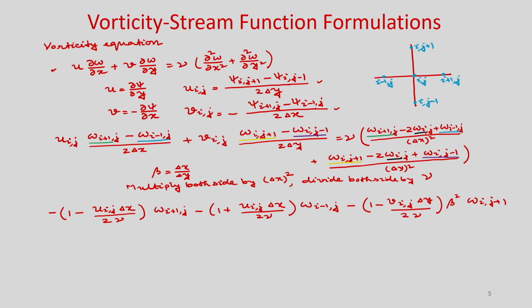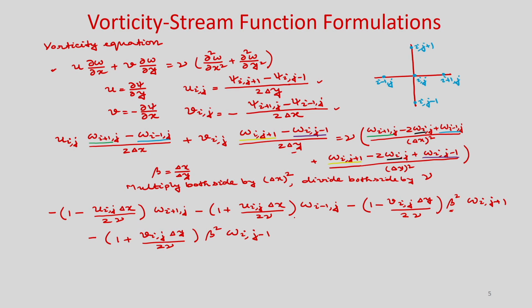Because here delta y is there, if you multiply both sides by delta y, in the numerator and denominator, it will be delta y by delta y square, and delta x square by delta y square will be beta square, which we take common. Similarly, for omega i j minus 1, it will be minus 1 plus v i j delta y by twice nu, then beta square omega i j minus 1.